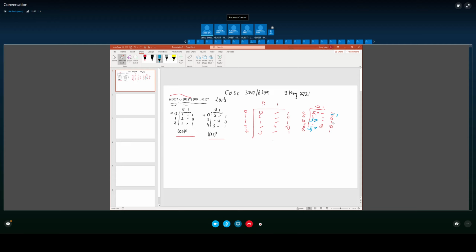And so this is now the 0 0, 0 1, and then you just have to do the concatenation.